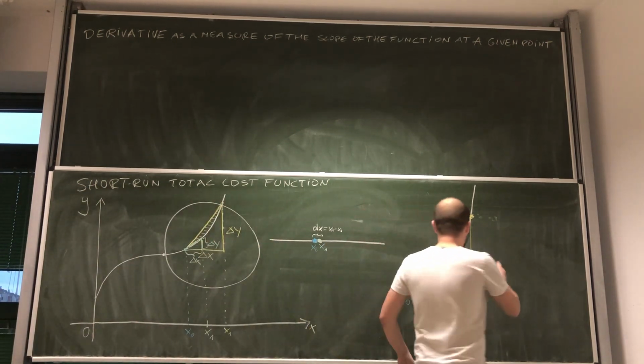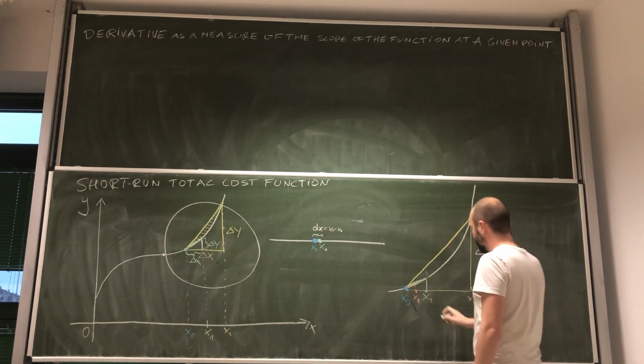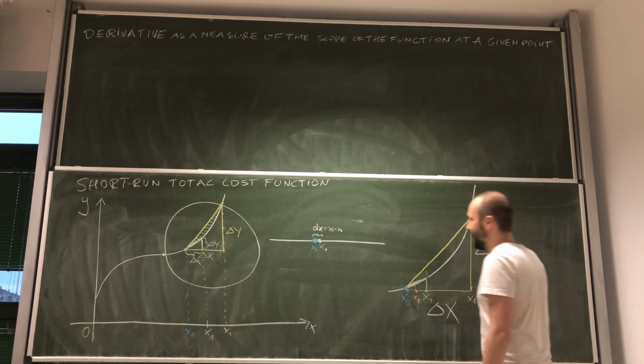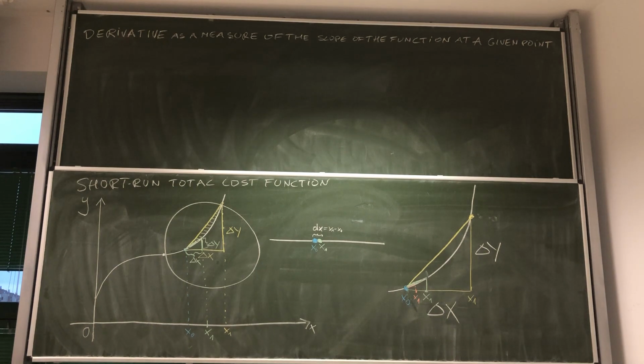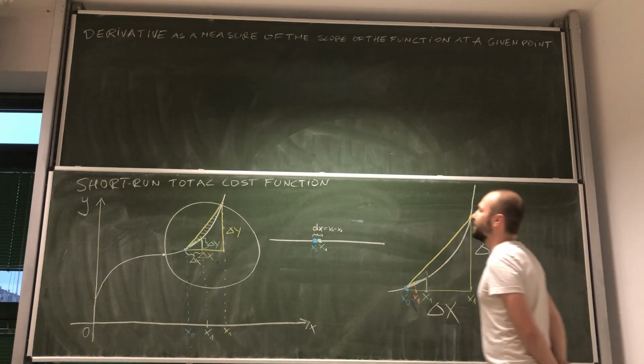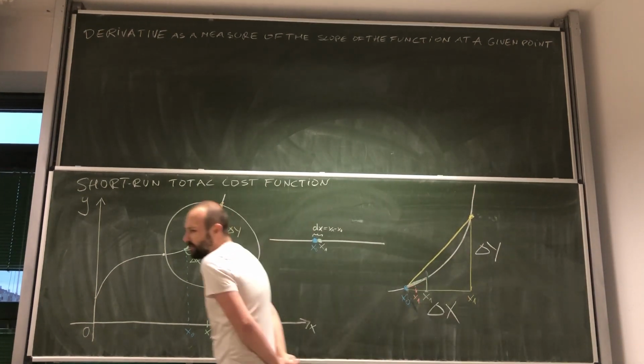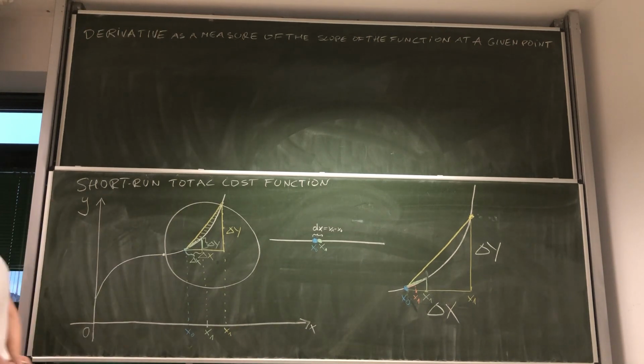It was a ratio of delta y to delta x. But if we are at a point, and we are moving so little from this point that we are basically staying at the same point, how can we accomplish that?